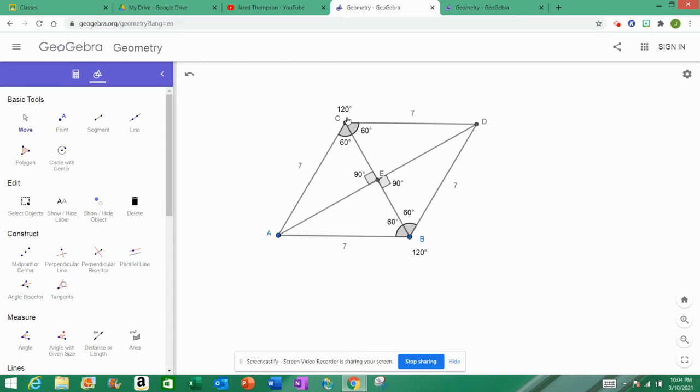So this pair of opposite angles, they're both congruent at 120, and then when the diagonal intersects the angle, it cuts it in half. Wonder if that's true for the other one, so let's see. Oh, I forgot to click it. That's funny.